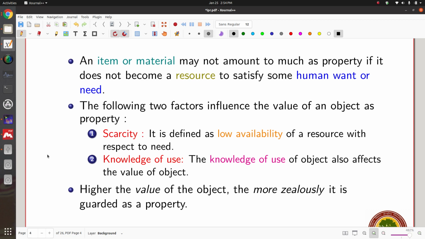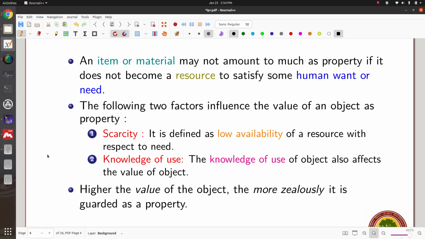Then there is the second point, that is the knowledge of use. The property's value also depends on the knowledge of use. Suppose there is a kind of metal that is found around a community, but the people living there do not know what the use of that metal is.